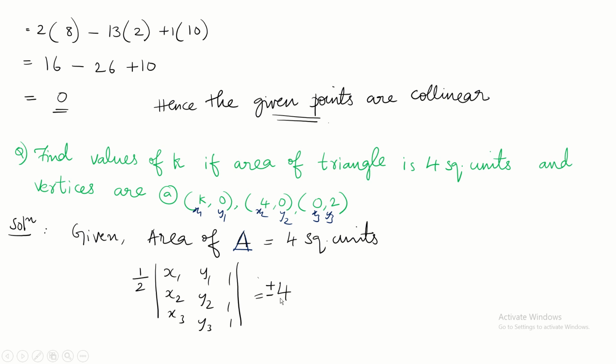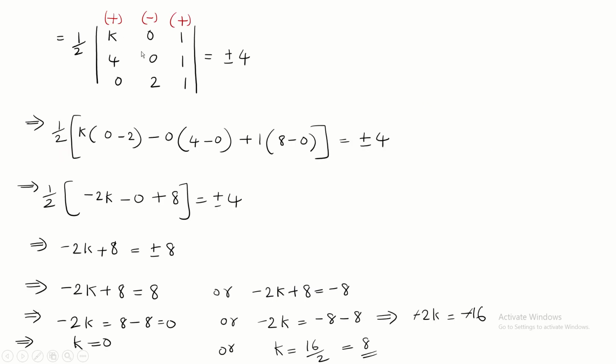Okay, plus or minus 4. And in the next line, you have to substitute the values: half, k 0 1, 4 0 1, 0 2 1, equals plus or minus 4. And then comes your simplification. You have to find the determinant like finding a 3 by 3 matrix determinant on the left side. So here you'll get 1 by 2 multiplied, and when it comes to the right side, it will be 1 by 2 into 4.